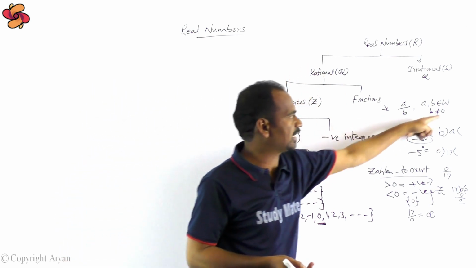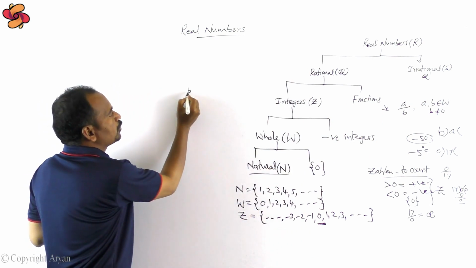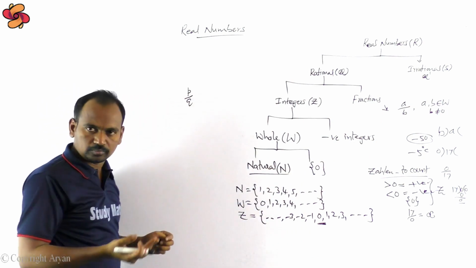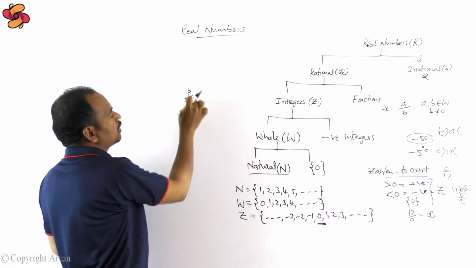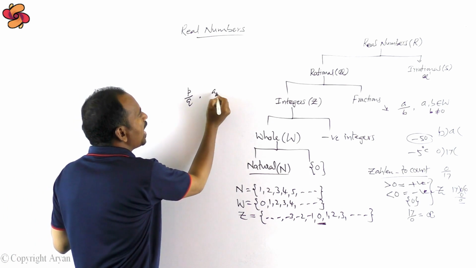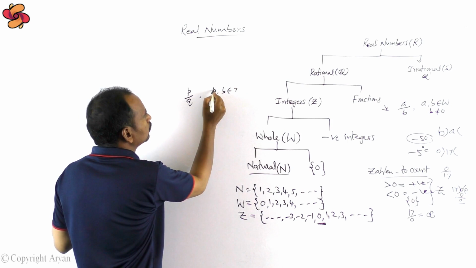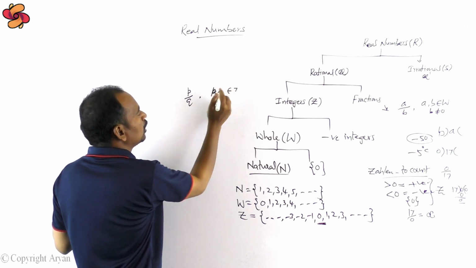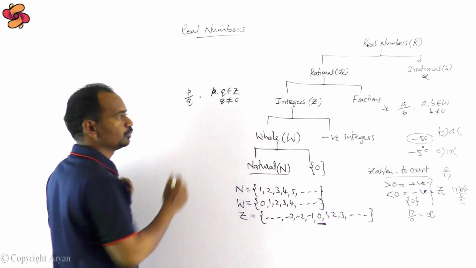The numbers which are in the form of P by Q, or else you can write A by B, no problem, where P, Q belong to Z, Q not equal to 0.